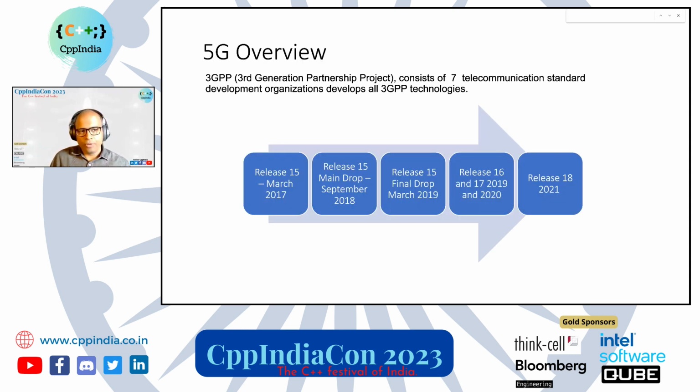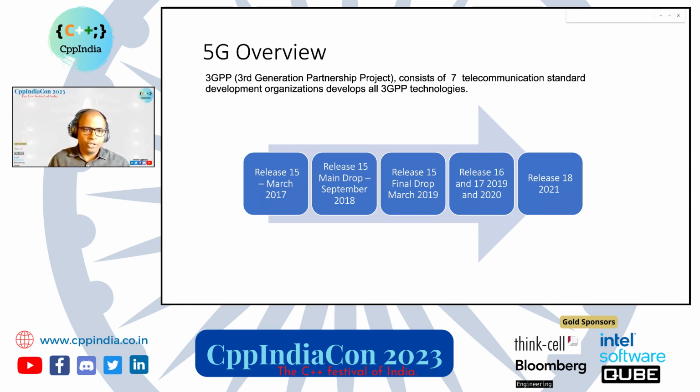Just one slide to show where 5G came from. 5G technologies are developed by an organization called 3GPP. 3GPP stands for Third Generation Partnership Project, which consists of 7 telecommunication standard development organizations.